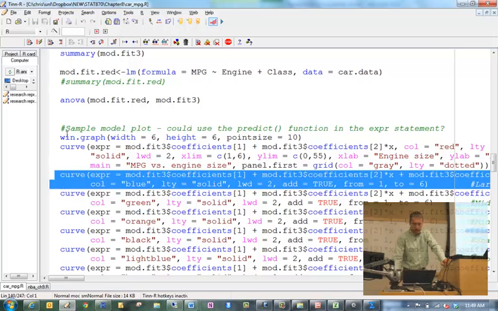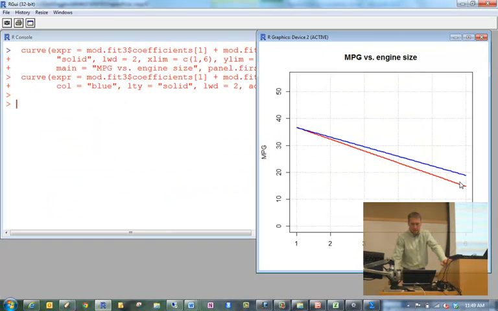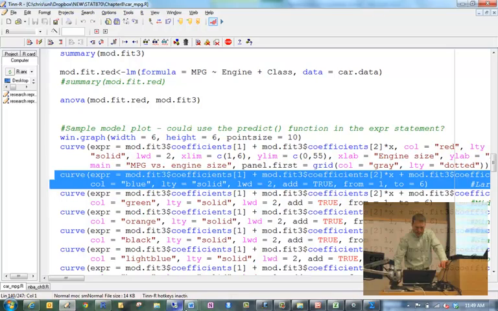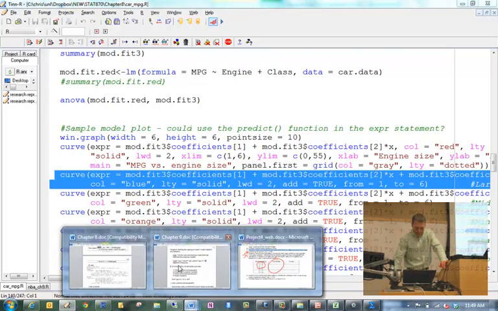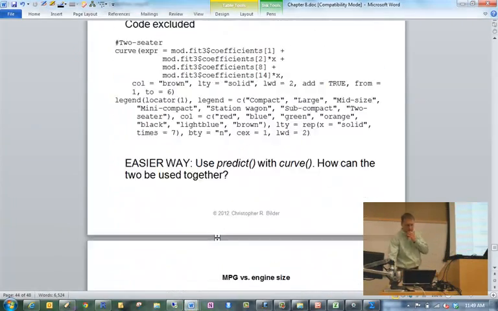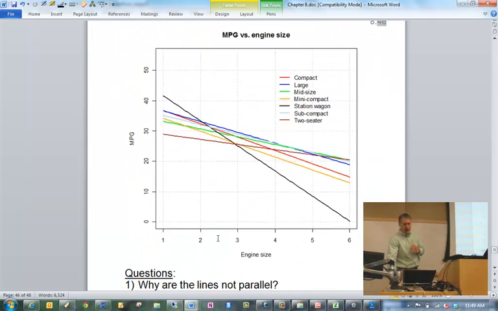Make it a color of blue. And there is the model for the large cars. And I can keep on going. I'm just going to jump over here to Word because the plot's already there. And this is what I get.